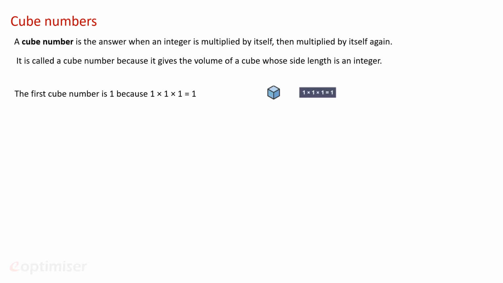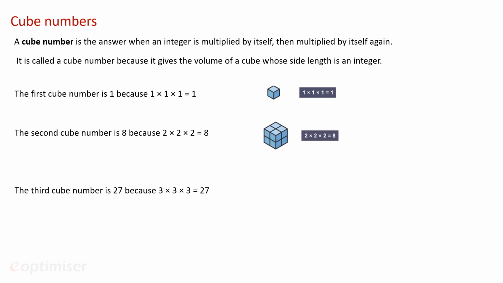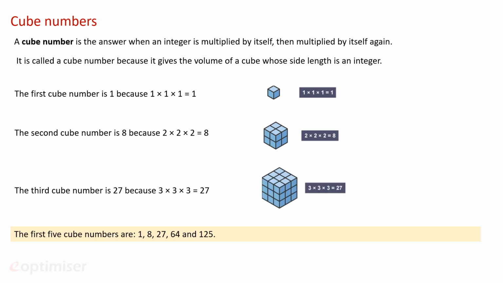That is a cube number. 2 into 2 into 2 is equal to 8. 8 is a cube number. Then 3 into 3 into 3 is 27. That is a cube number. So 1, 8, 27. 4 into 4 into 4 is 64, 5 into 5 into 5 is 125, and so on. These are called cube numbers.